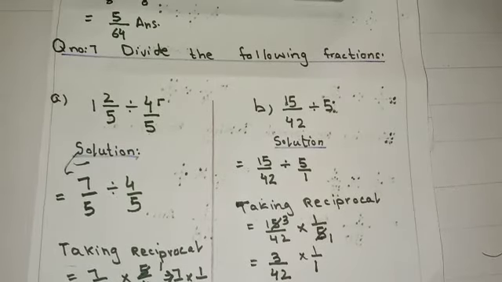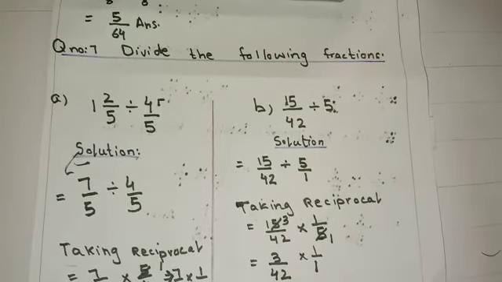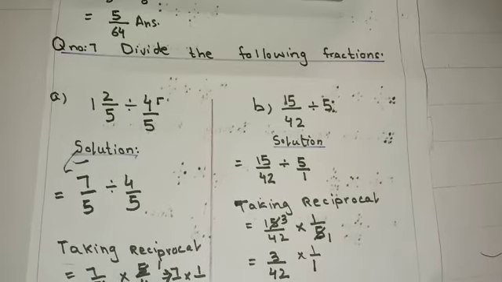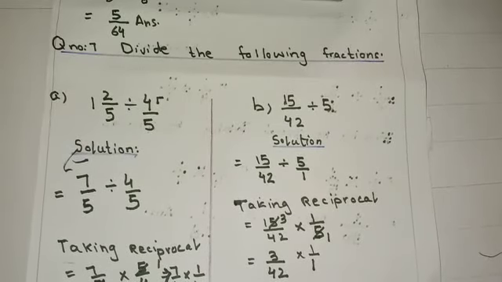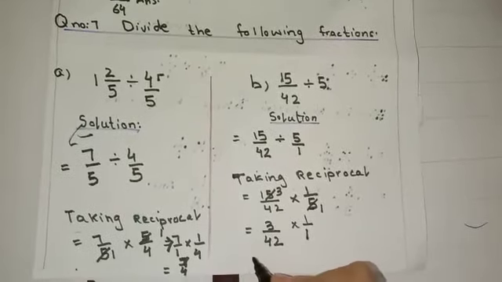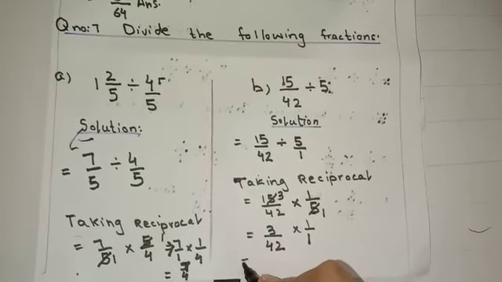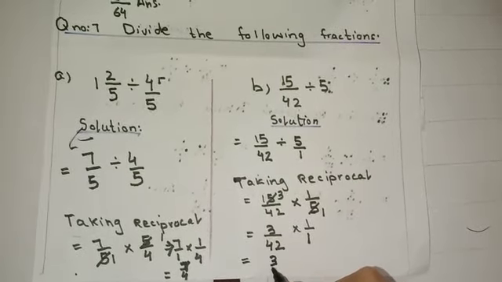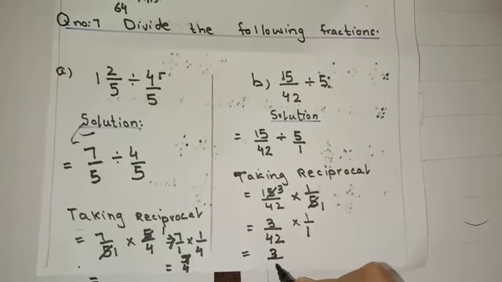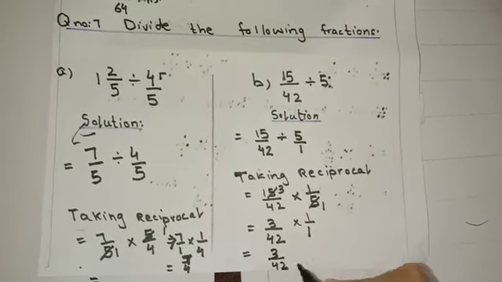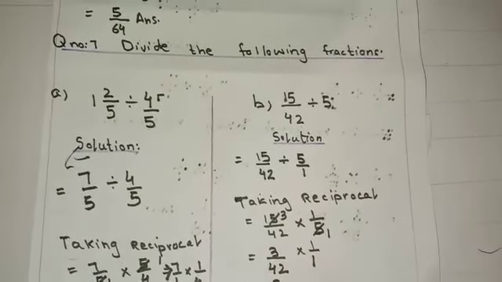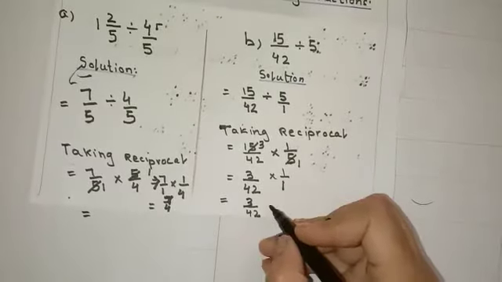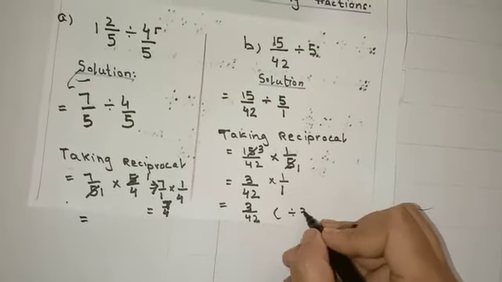Still 4 plus 2 equals 6. It means 42 also occurs in the table of 3. Yes. So we will also cut it by dividing by 3.